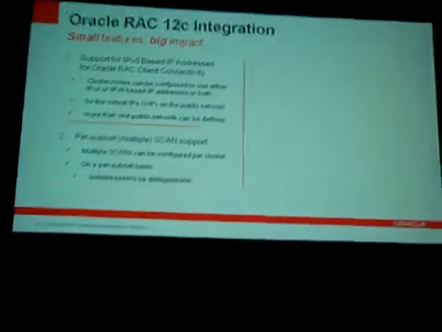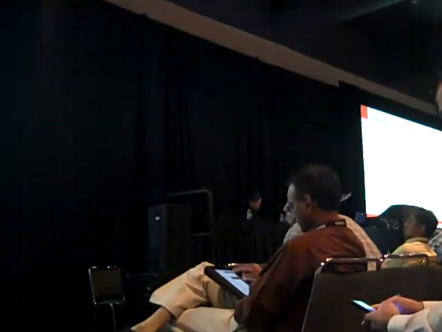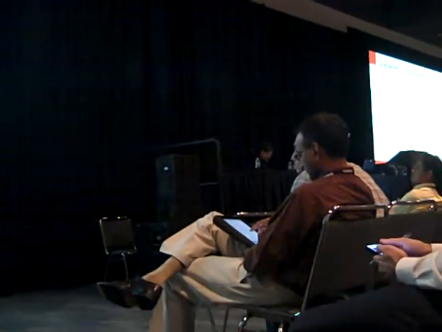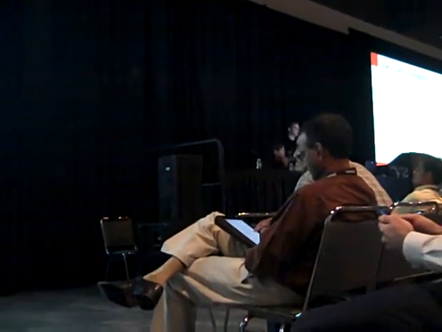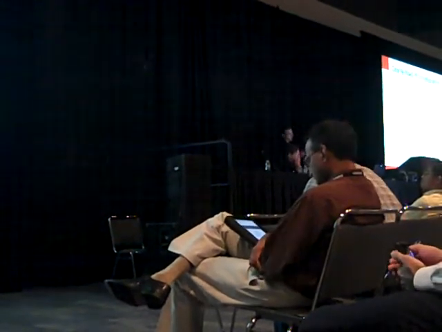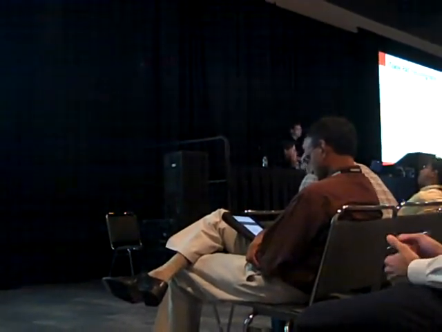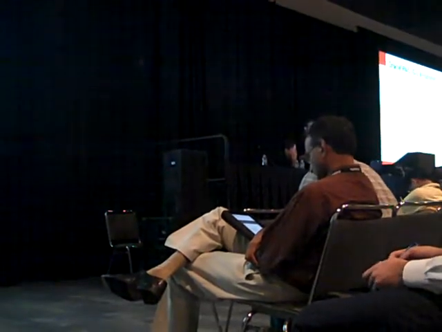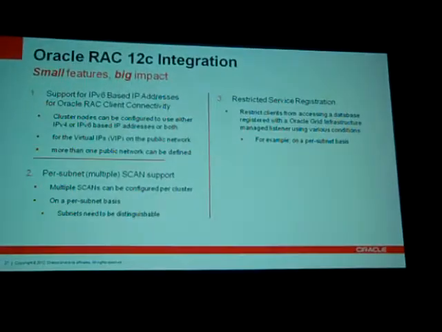And next I want to mention two minor features just to show you the small features we have integrated but have a big impact. And I'm probably addressing the Windows customers first, or in particular later. What we have done in 12c is we have restricted service registration. Now that may sound a bit abstract to you.